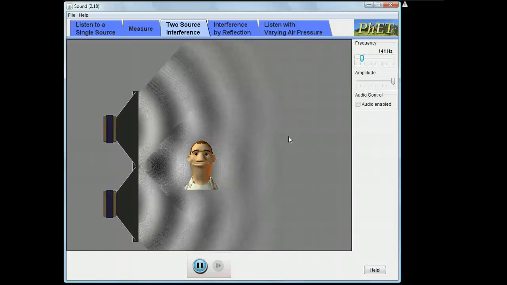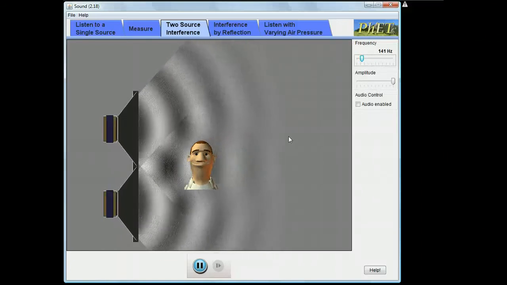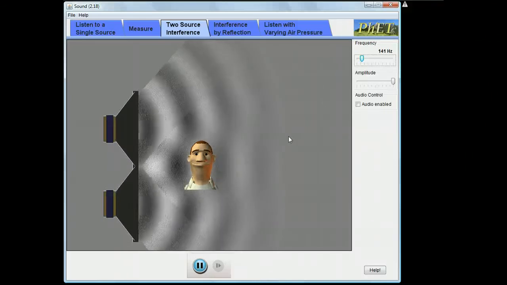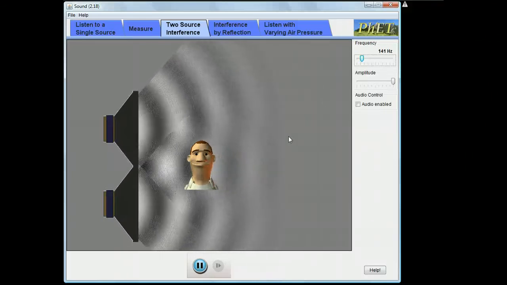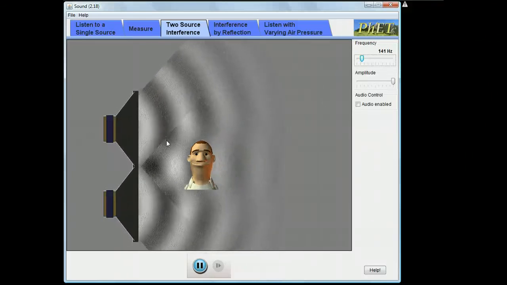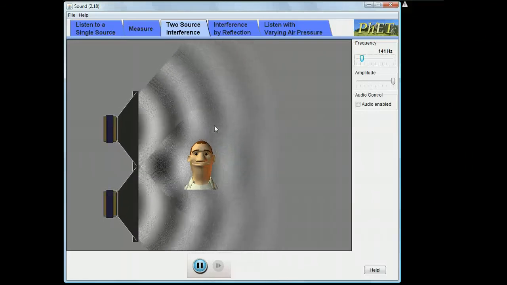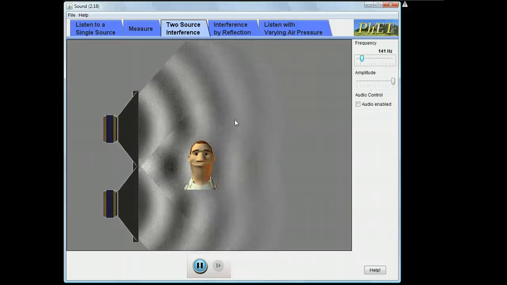But it is something that if you want to be very good with acoustics, you have to take into account the fact that the sound waves from the speakers will at times cancel each other out and will at times build each other together.